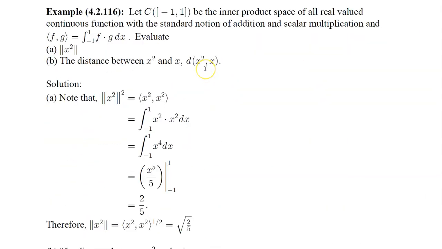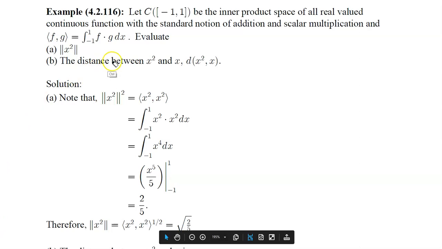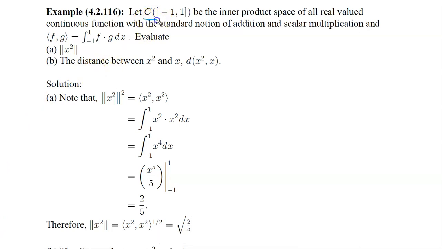Let's take a look at this example now. Here we're going to consider the vector space of all continuous functions on the interval from -1 to 1. That will form a vector space.